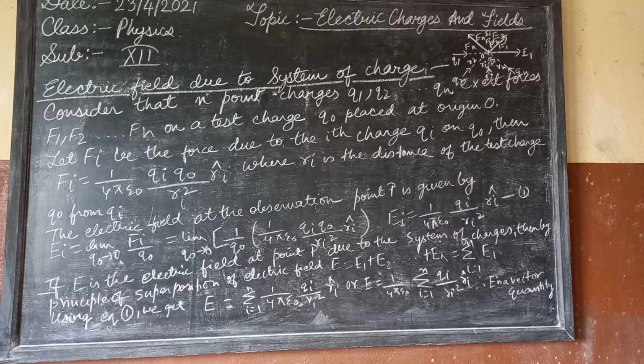The electric field at the observation point P is given by the electric field intensity E equals F upon Q0, with the limit Q0 tends to 0.